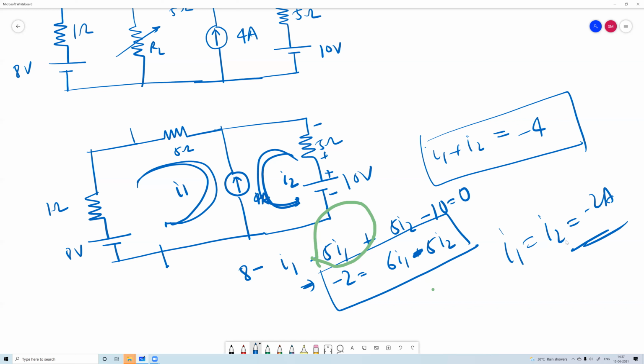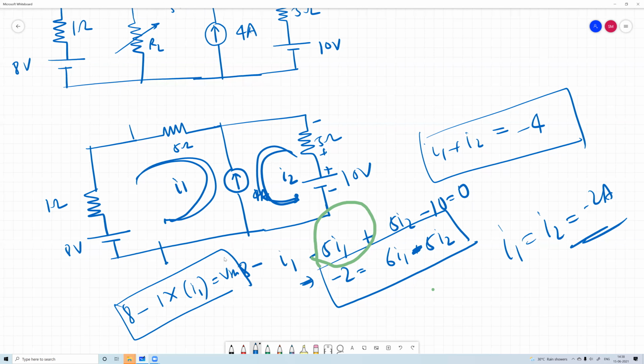The goal was to find VTH. 8 minus 1 into I1.